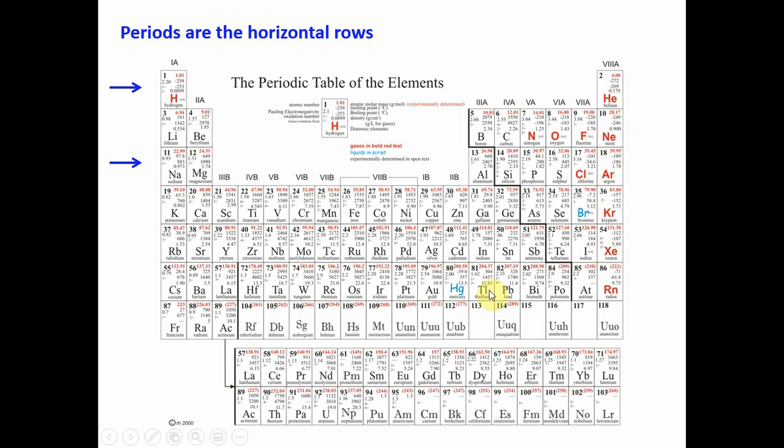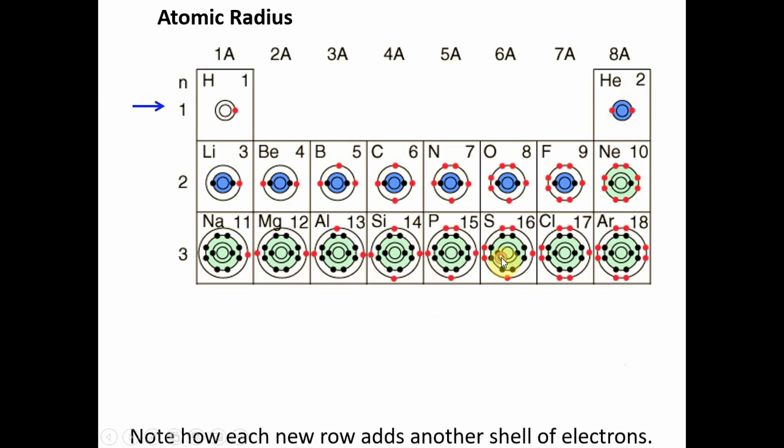The other elements are, for the most part, quite reactive. And so, in order to become less reactive, in order to mimic this stability, the rest of the atoms will either gain or lose electrons.